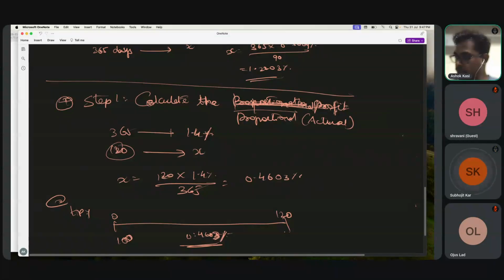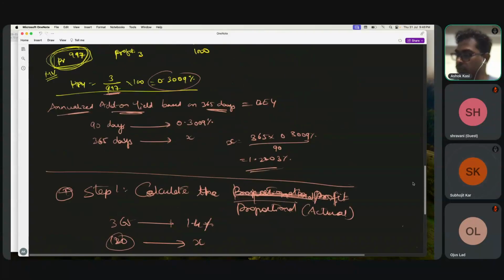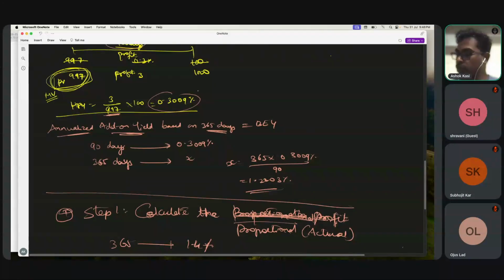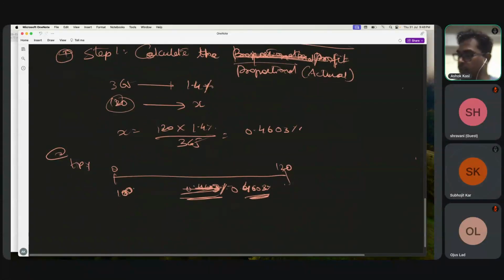We got this profit based on 100, whereas in the previous case, we got that profit based on 100 future value, because that was the discount rate. Because this is the add-on rate, my present value will be 100.